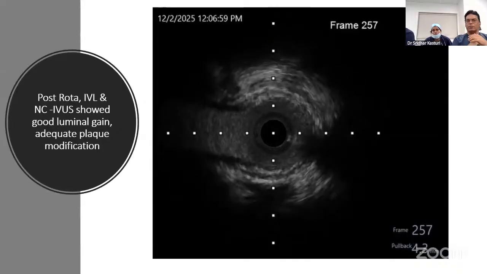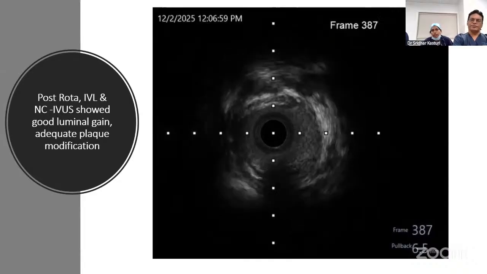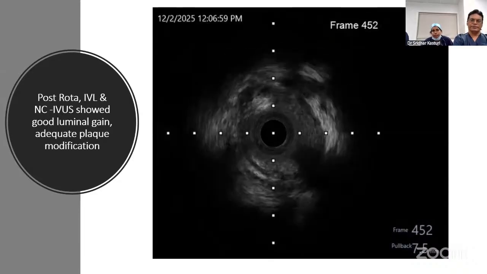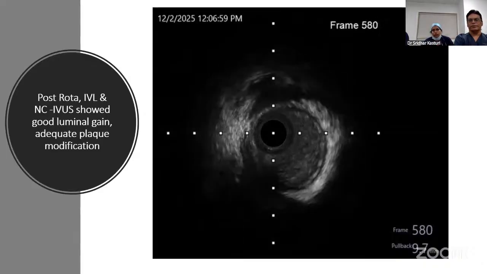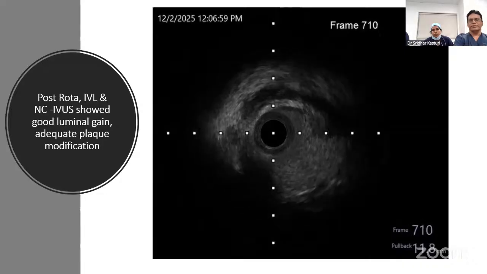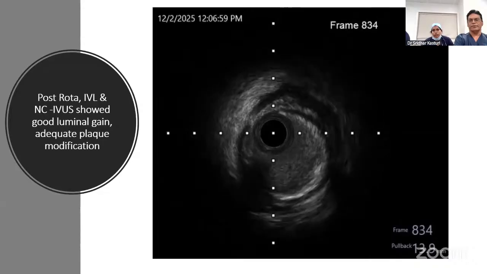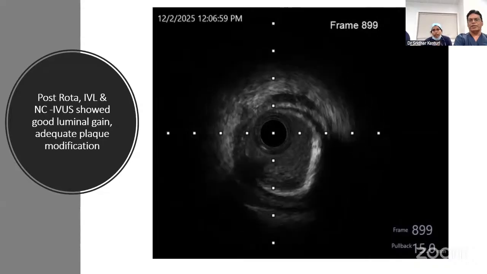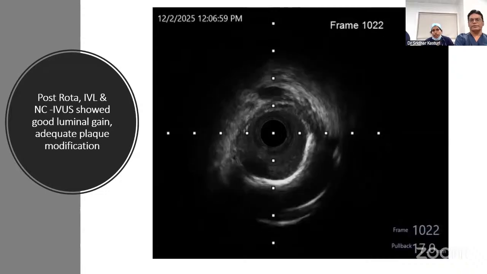You can interpret, Aparaj. Coming towards the proximal LAD, this is a disease-free zone. There are branches coming. There is 190 degree calcium here with fractures and adequate luminal gain.